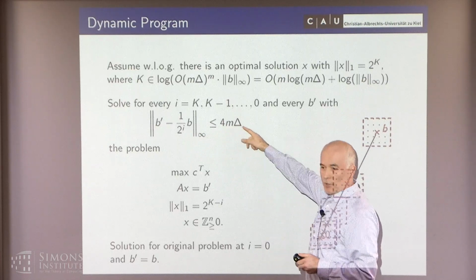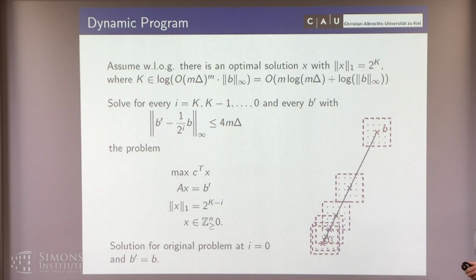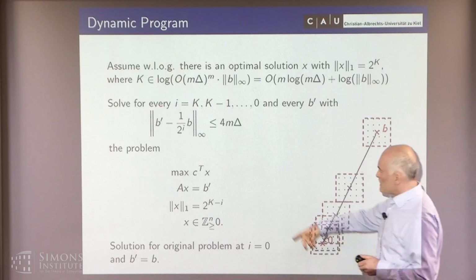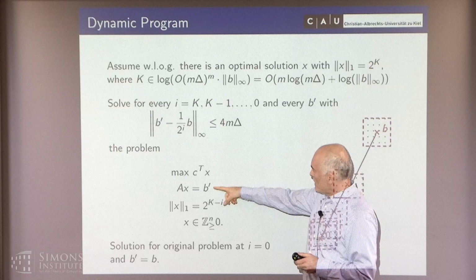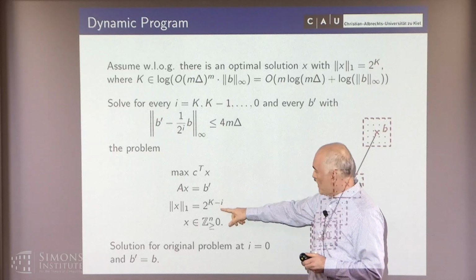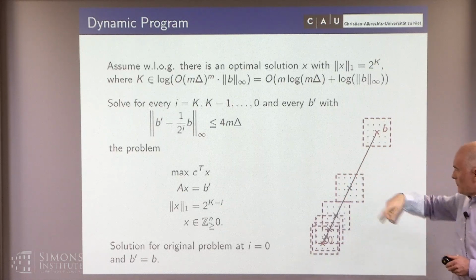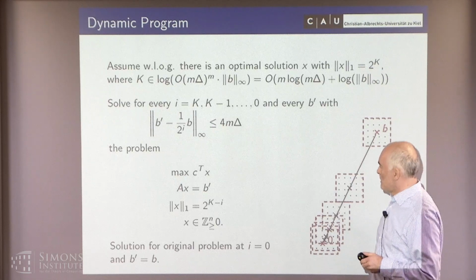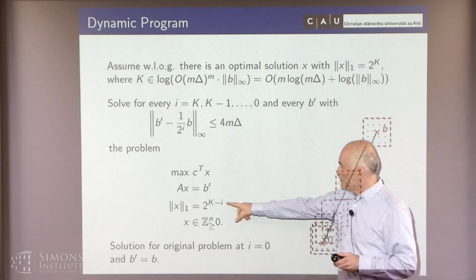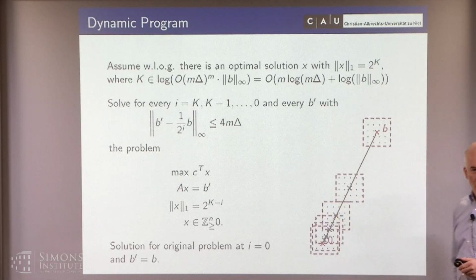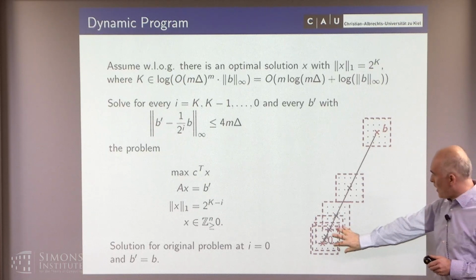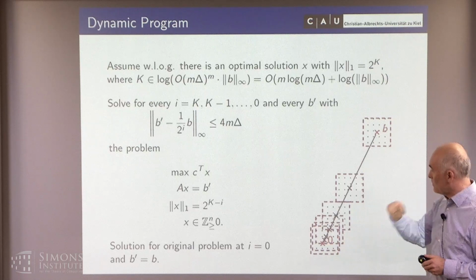It's a bit larger than what we have in the Steinitz lemma. You see later why you need this. And we solve this problem with this modified right-hand side, this one norm. And if you plug in, for instance, i equals 0, you get the original problem.